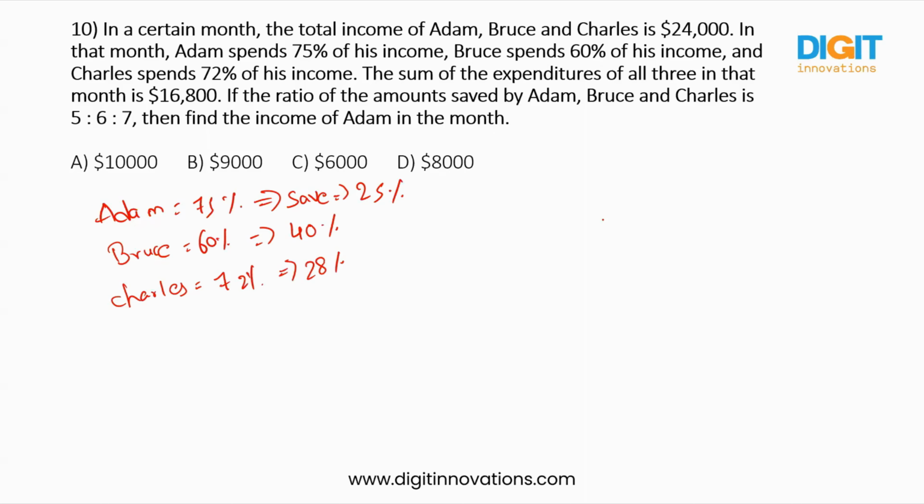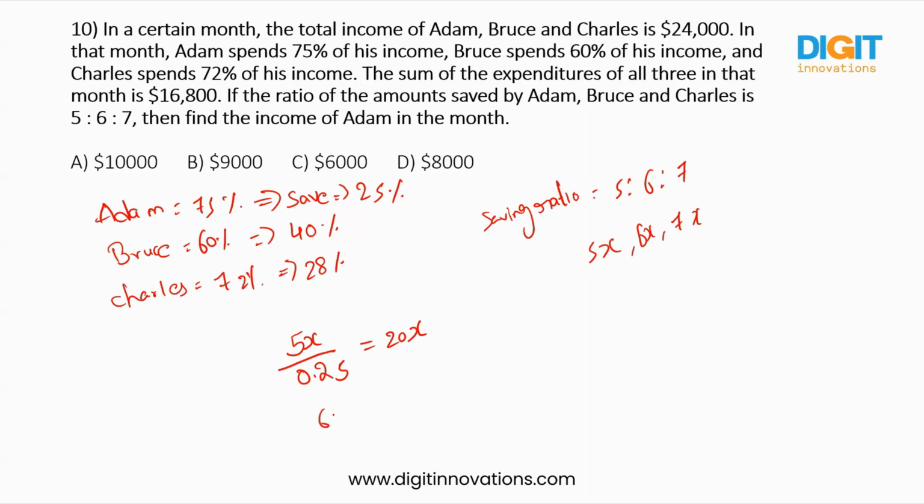The savings ratio is 5 is to 6 is to 7, which is nothing but 5x, 6x, and 7x. So in that, 25% of income: 5x by 0.25, you will get 20x, and 6x by 0.4, which we will get 15x.